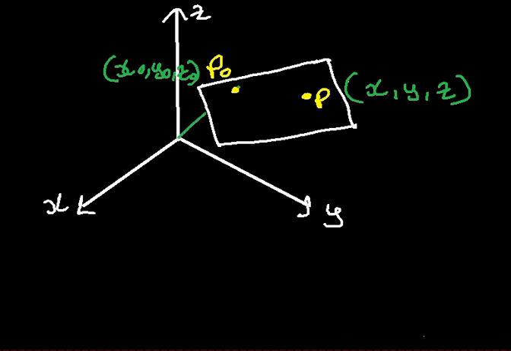Let's say we have a position vector. This is the origin, by the way.